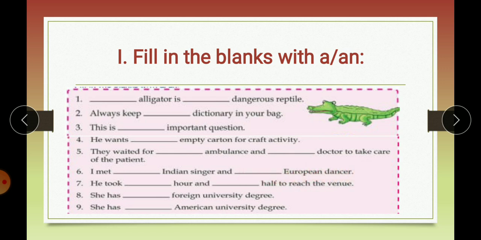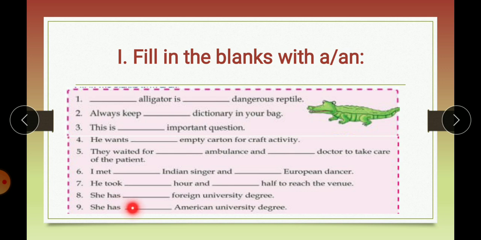He took an hour. Now here also it is starting with a consonant H. But we are putting an. The reason is H is silent and how we pronounce it? R. So it is having a vowel sound of O. So we are putting an hour and a half to reach the venue.